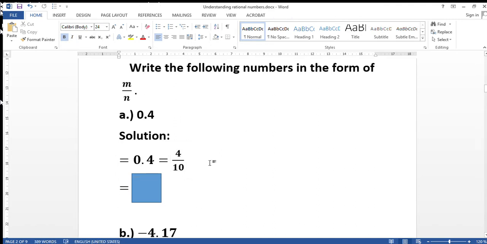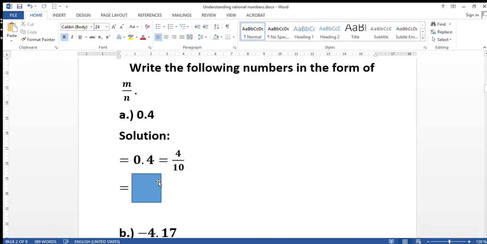This is not the final answer yet, because 4 over 10 can be reduced to the lowest term. Let's think. 4 and 10 are divisible by 2.